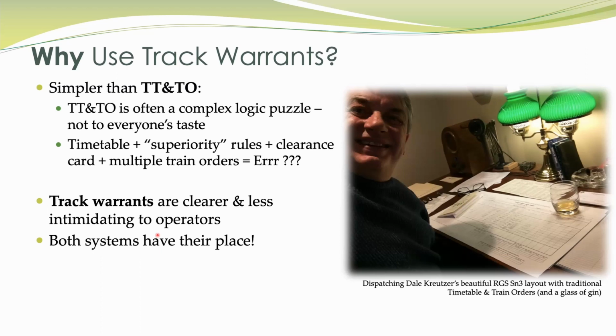We have superiority rules, and I have a clearance card, and I have 5 train orders in my hand. What does that actually allow me to do? For some of us, that's a lot of fun to figure out. For others, it's like, I just want to run a train. I can't be bothered with all this malarkey. So track warrants are clearer and less intimidating. There's far less paperwork, easy to do. Both of them have their place.